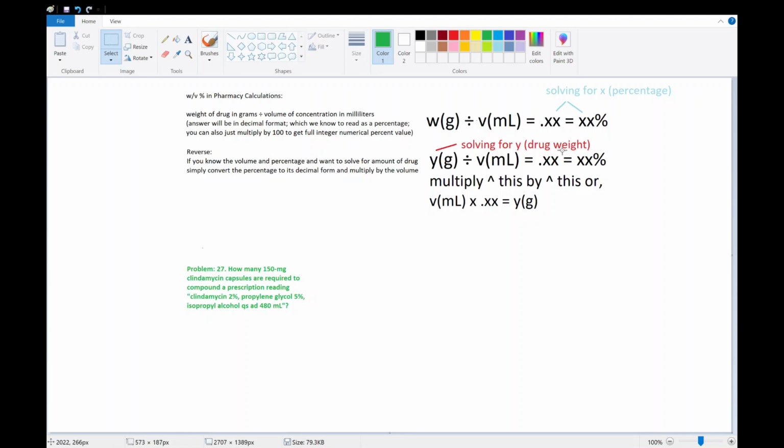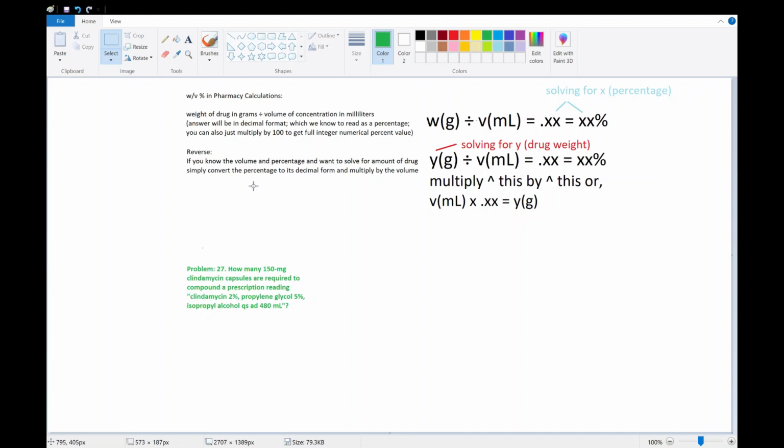The way that you do that is multiply by 100 or move the decimal 2 spaces to the right. If you answer with the decimal form on a multiple choice on your PTCE, they will mark you wrong because it is not 0.02%, for instance, it is 2%, which can be expressed as a decimal 0.02 for multiplication purposes, or as a percentage, 2%. So you want to be careful with that.